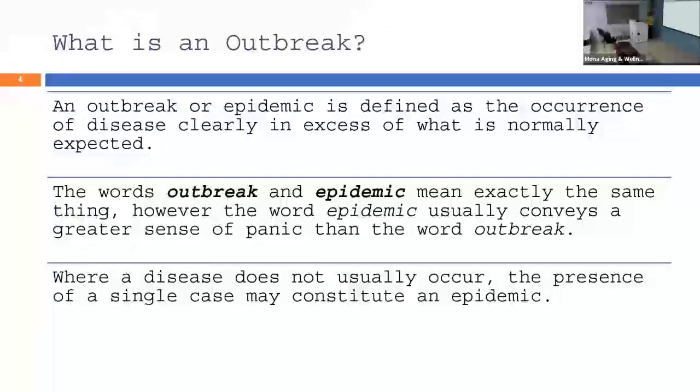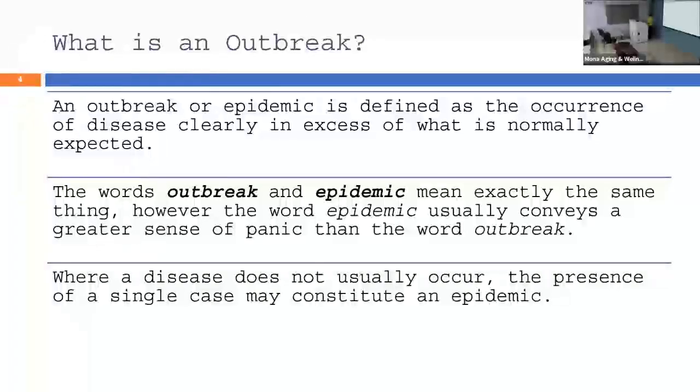So you may want to use the more euphemistic term to say outbreak. Not sure how you feel about that. I mean, outbreak sounds serious to me. You know, epidemic, people might not know what that means, so it won't cause them to panic. But outbreak, that sounds very serious, but you can use the words interchangeably.